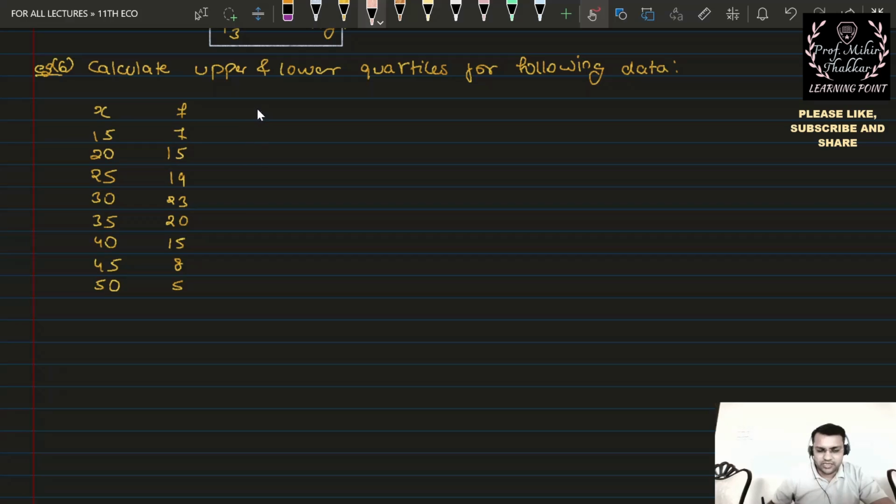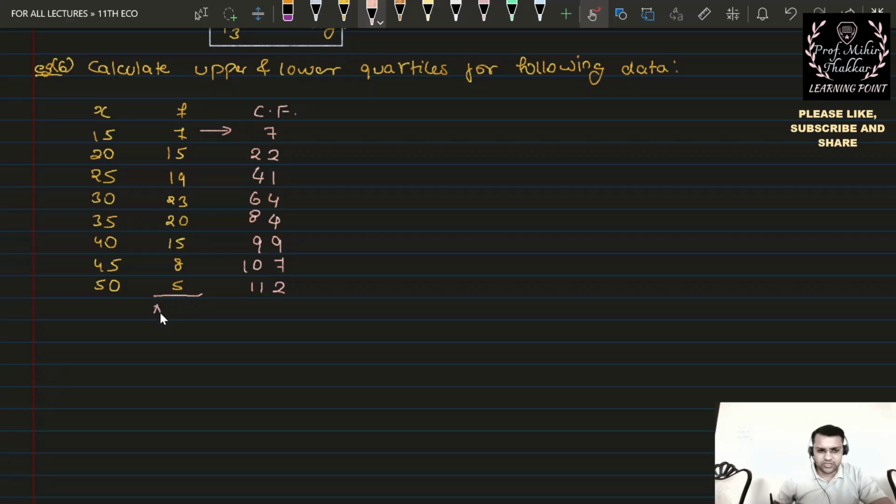So let us see. As you all know, you have to first make the column for the cumulative frequency. So the first frequency value is taken the same. 7 and 15, that will give you 22. 22 and 19 will give me 41. 41 and 23 will give me 64. 64 and 20 is 84. 84 and 15 is 99. 99 and 8, that will give me 107. 107 and 5, that will give me 112.